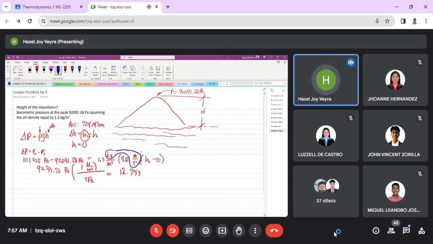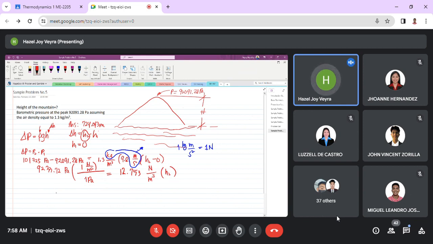What is this equivalent to? 1 kilogram meter per second squared is equivalent to 1 Newton, no? So, we can say that this is 12.753 Newton over meter cube times H2.